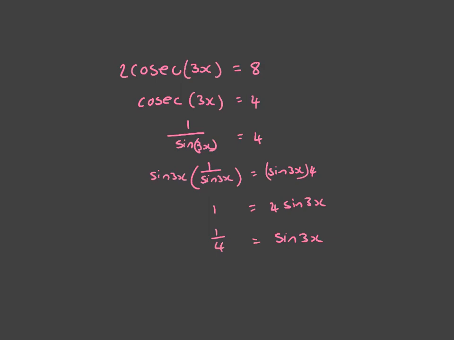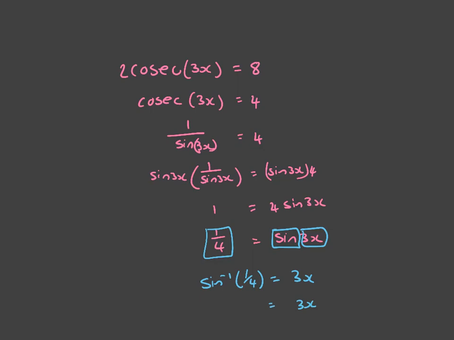What do I do now? Now it's in the right order, right? We've got trig function, angle, ratio. So therefore, arcsine of the ratio, of course, is equal to 3x. And what is arcsine of a quarter?